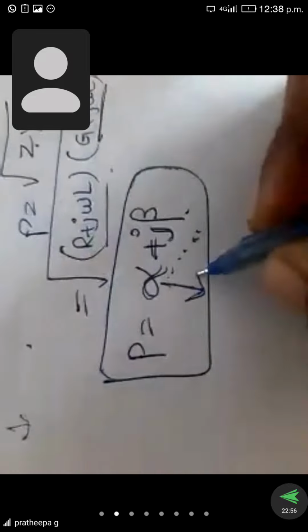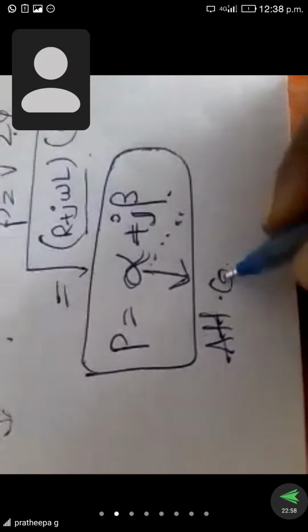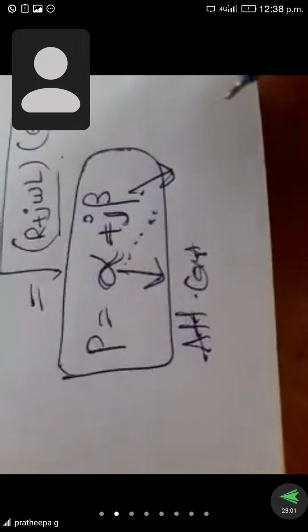In this, alpha will represent the attenuation constant and beta will represent the phase constant.